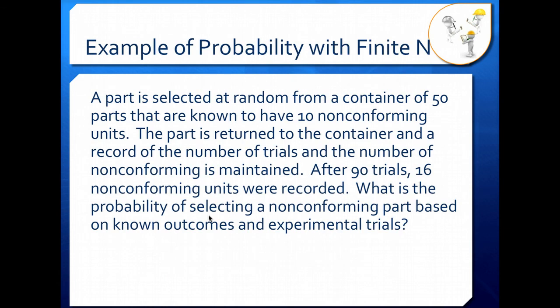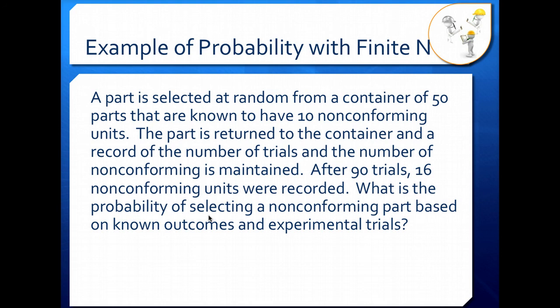Let's take a look at an example of probability with a finite n, just so you can get used to reading problems and seeing where these numbers come from. We've got a container of parts, 50 in that container. We know there are 10 non-conforming units in there, so they're either the wrong size or they've got some kind of scratch or dent. They're just not going to work.